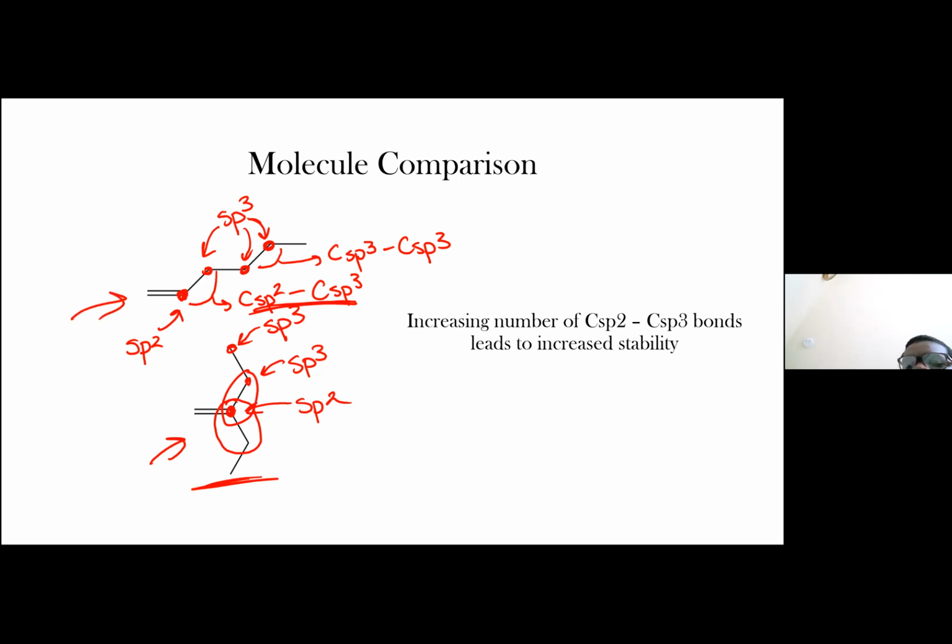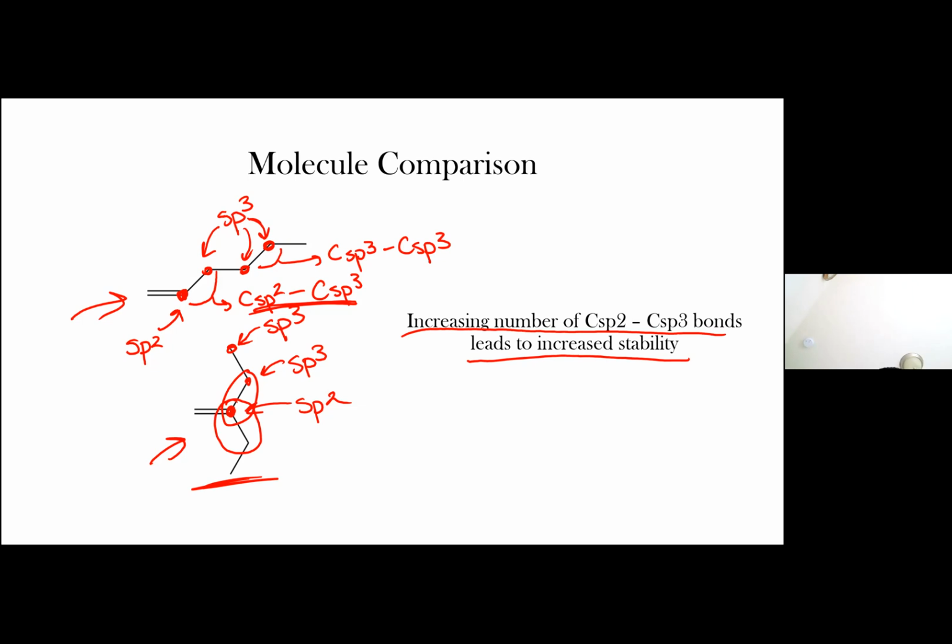So the increasing number of Csp2-Csp3 bonds leads to increased stability. That's the general idea we're going to follow on alkenes: the more alkyl groups we have, the more s character we're able to have in the molecule.